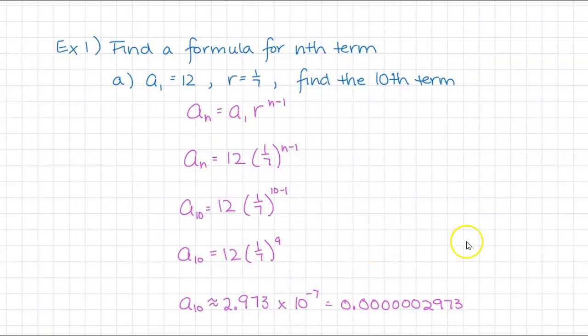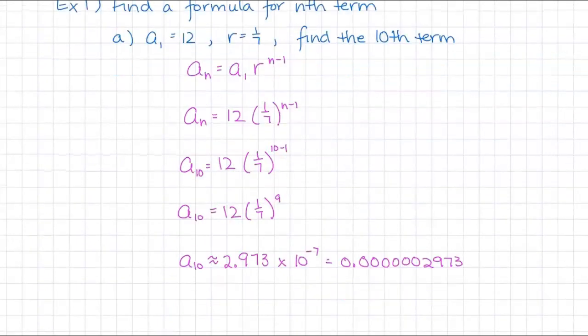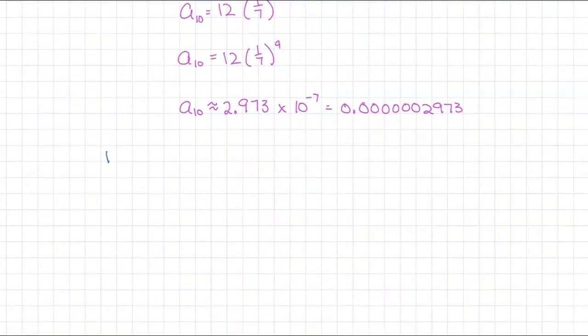Pretty straightforward. Let's look at one that's not quite as straightforward. So what if I told you that a sub 11 is negative 3072 and a sub 17 is negative 196,608?